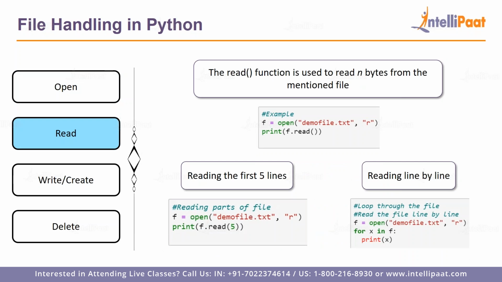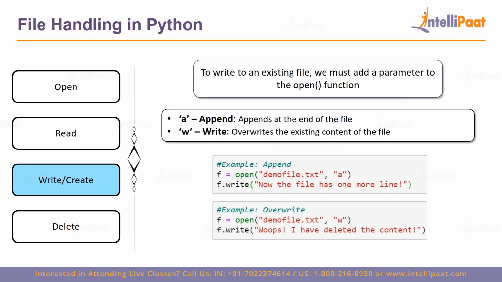We can read the file using the read method. This will read all the lines from the file and show us that. We can also specify how many lines we want to read, and if you want to read it line by line, then we can basically just loop over it, and we'll take a look at all of that in the hands-on. Then to write to an existing file, we must add a parameter to the open function.